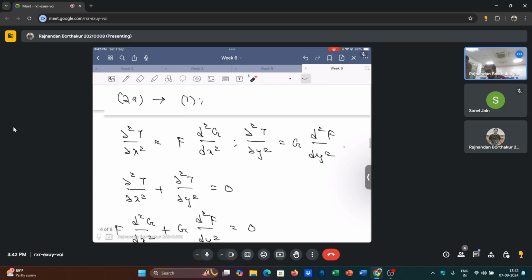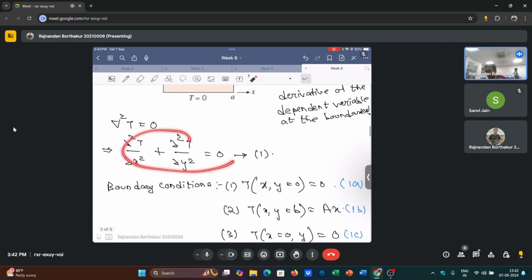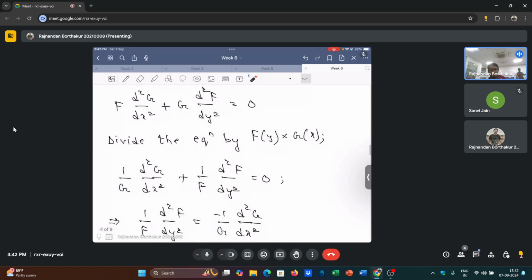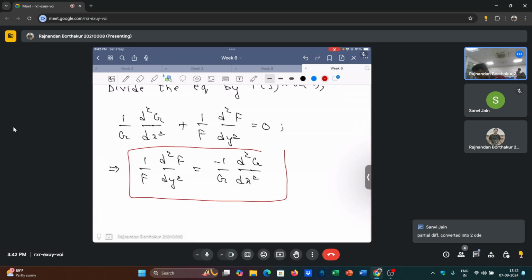We just assumed the form of the temperature, substituted it into the governing equation, and then did some simple algebra to come to this form of the governing equation. So now can you tell me what is so special about this particular form? What is the characteristic of this form of the governing equation?